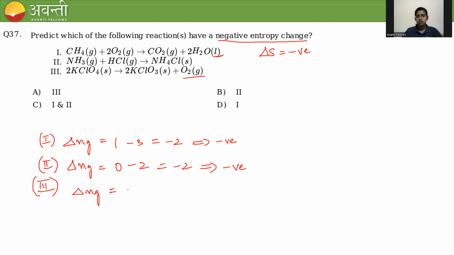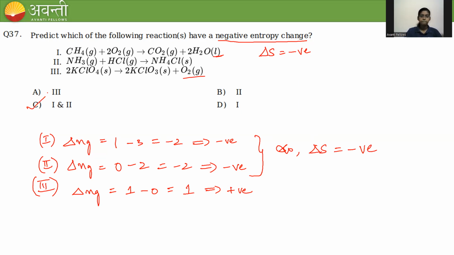The number of moles of gaseous product is 1 minus 0, so it is 1, which is a positive number. So only in equations 1 and 2 do we have negative delta ng. So delta S will be negative in the first two. So option C is the correct answer for this question.